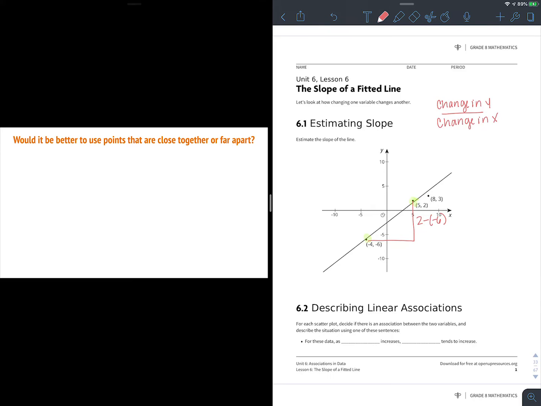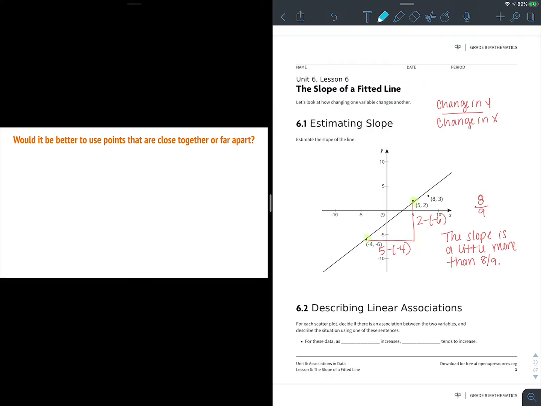And then the change between these values here, I would see is a 5 and a -4. Or if you have them reversed, that is just as valid. But that would give me a slope of 8/9. But those points are not exactly on the line. So I would say the slope is a little more than 8/9.